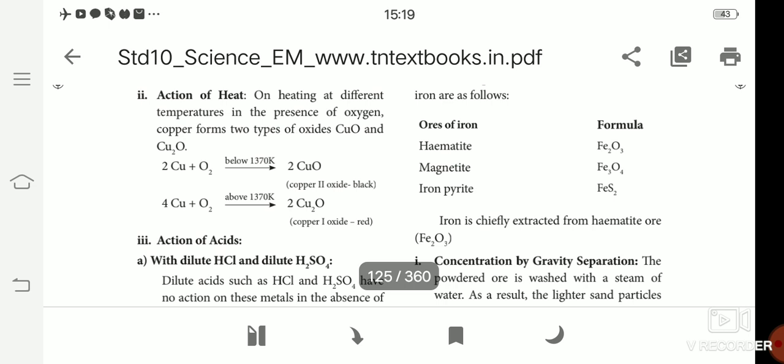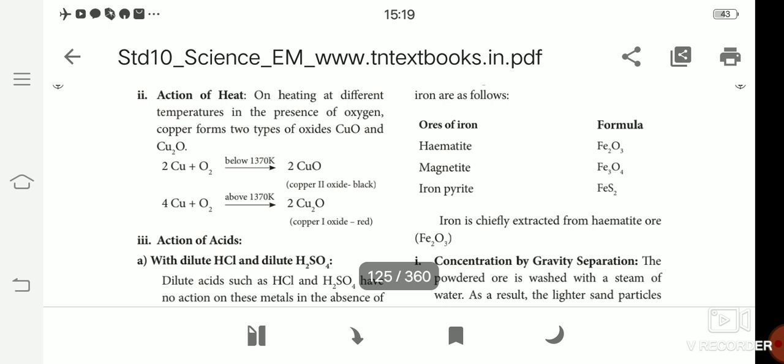Then the extraction of iron. In the concentration step, gravity separation or the hydraulic wash method is the same process. The powdered ore is washed with a stream of water.